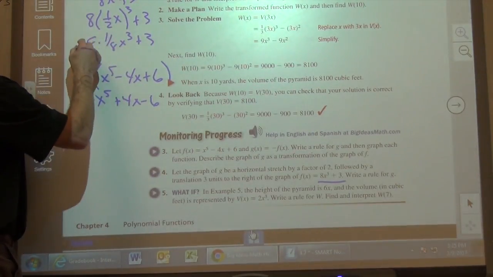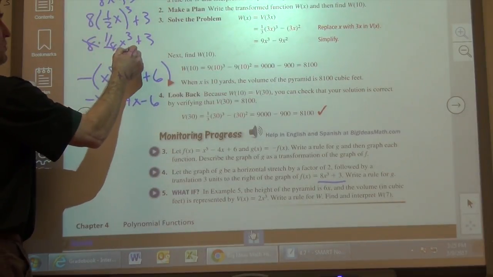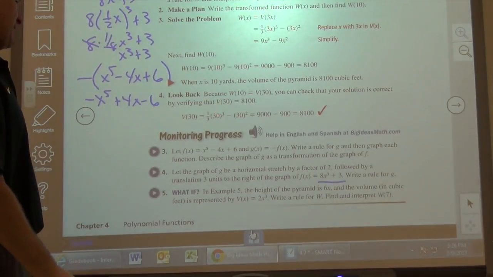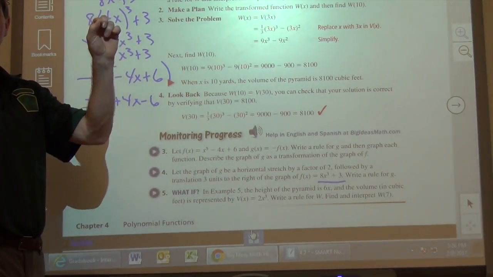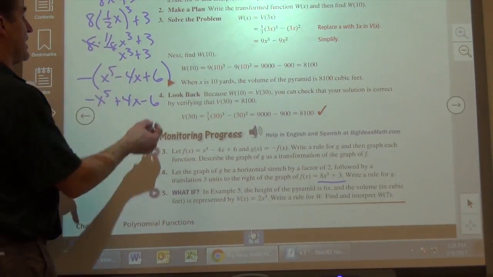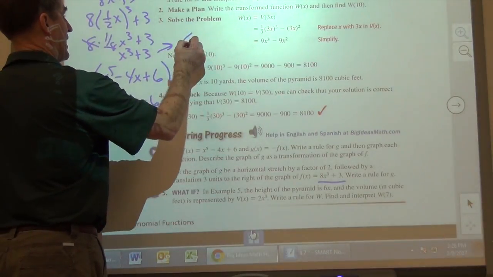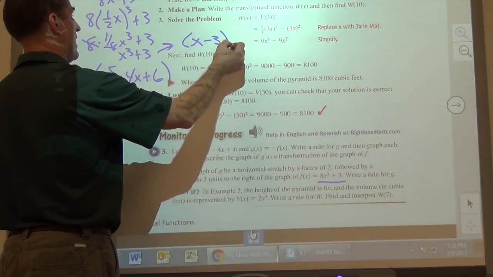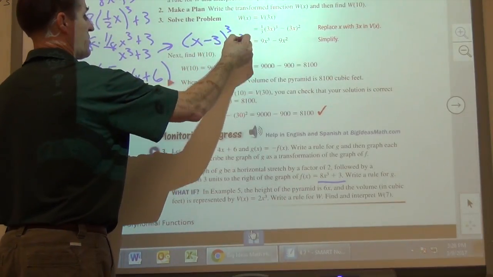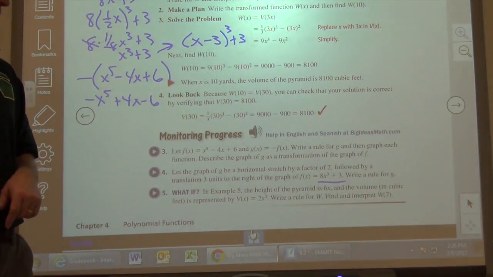And then 8 times 1/8, the 8's cancel, and so you get x cubed plus 3. And then it says, followed by a translation 3 to the right. Well, remember, 3 to the right would be horizontal, so we do the inverse of that. So when I come to x, I'm going to do minus 3 to get a 3 to the right, cubed plus 3, and we're done.